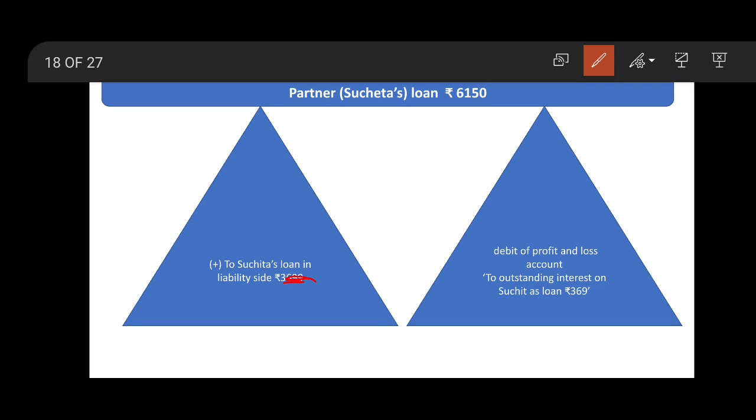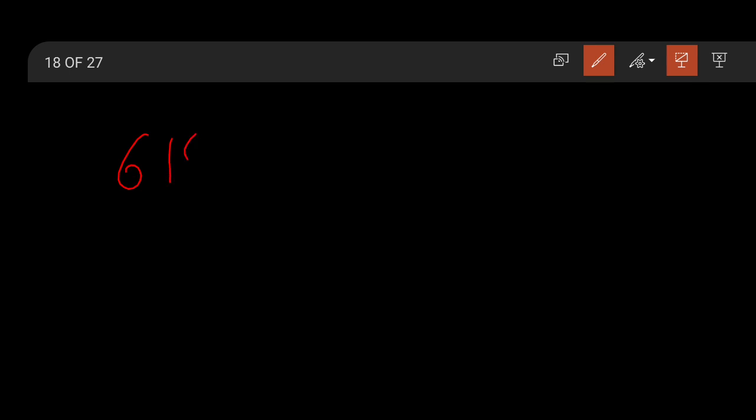We will calculate the interest on loan. The amount of Sucheta's loan was 6150. Therefore on 6150, no rate of interest is given, so we will consider 6%.